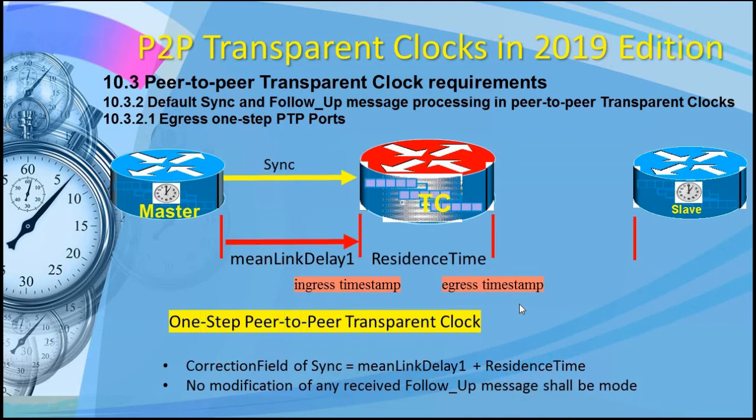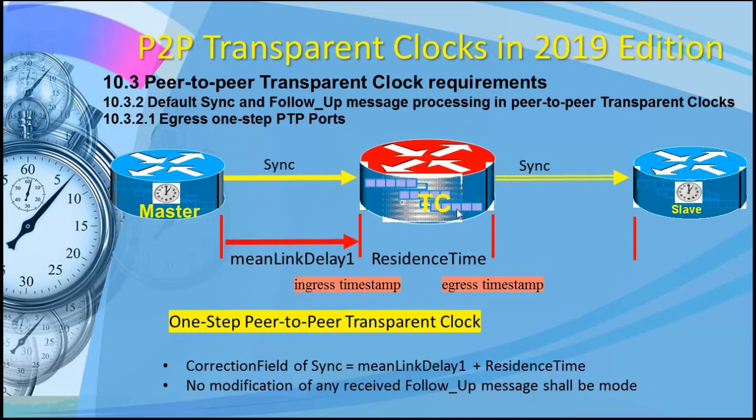So after the two timestamps are generated, the TC calculates residence time based on the two timestamps. Residence time equals egress timestamp minus ingress timestamp.